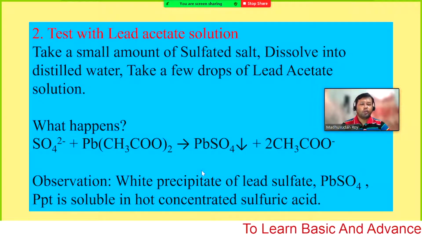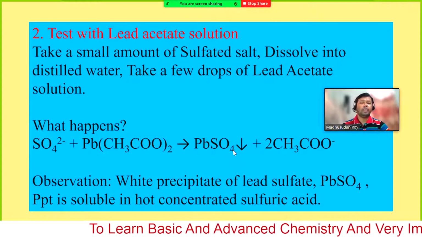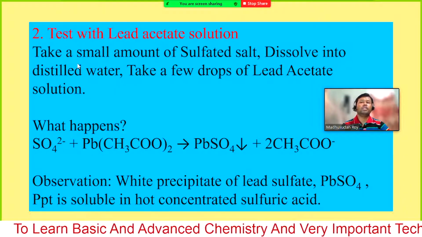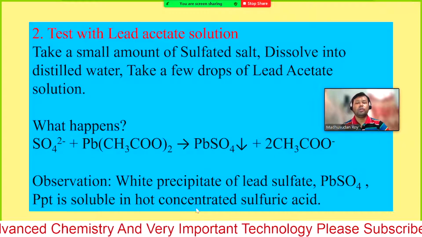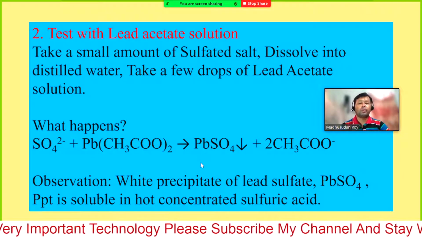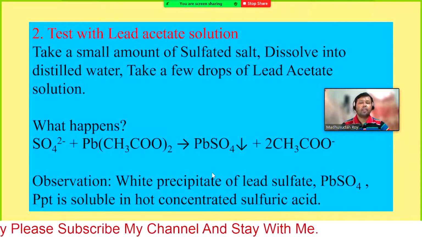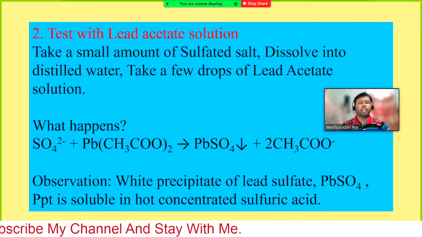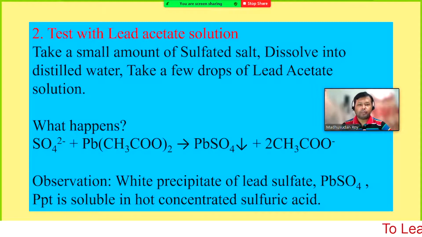So if you have the observation of the white precipitate of lead sulfate, then you can confirm the presence of sulfate in your sample. That is done. Maybe if we have the ability to perform the test, I can do it myself, because I have a little bit more experience, and I can use precautions, gloves, apron, everything.